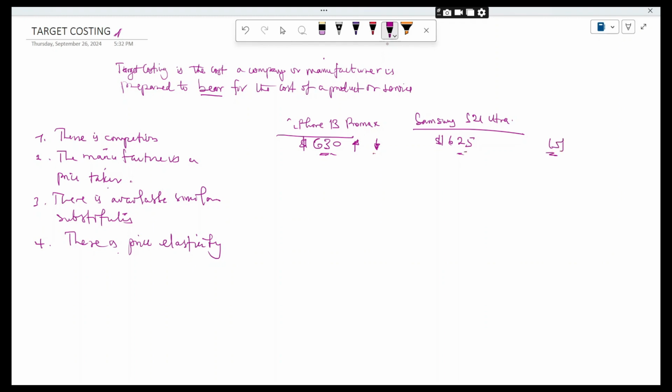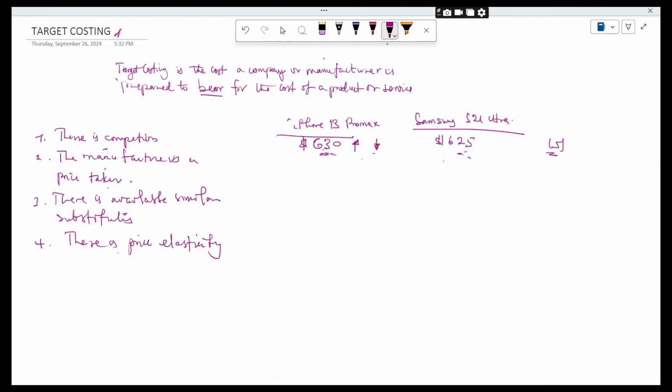So these two products are competing based on price. Now, if iPhone increases its price to say 708 or $800, consumers will switch to S21 Ultra and have the same experience that they will get from iPhone. So what should the company do? Now, what the company is going to do is what we are studying as target costing.